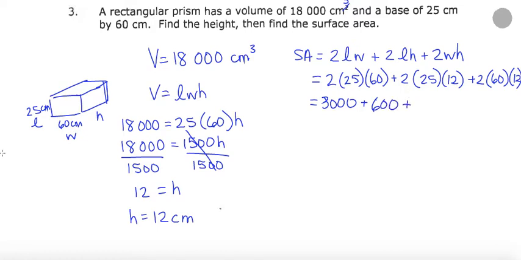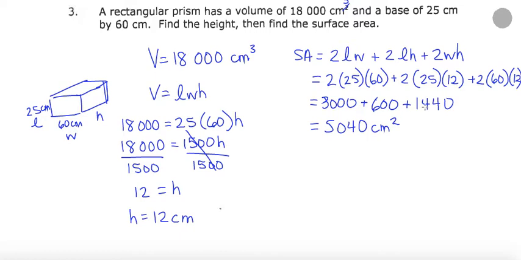And 2 times 60 times 12 is 1,440. So the last step is to add those all together for a final answer of 5,040. And my units are centimeters squared because it's surface area.